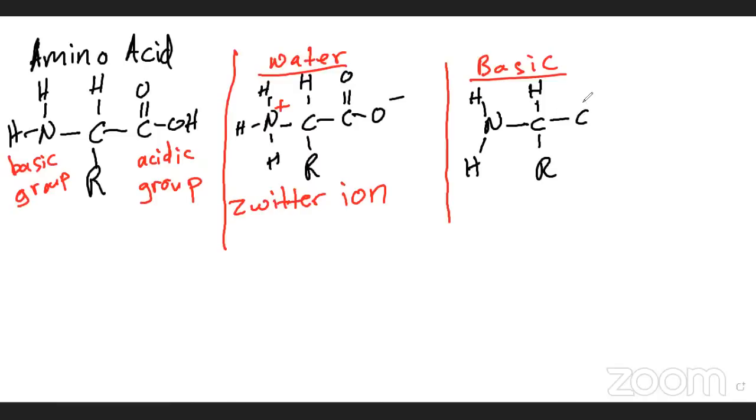But the acid, it is going to lose a proton. So this is how it will look in the basic solution. The acid loses a proton. So in a basic solution, the amino acid will be negatively charged.